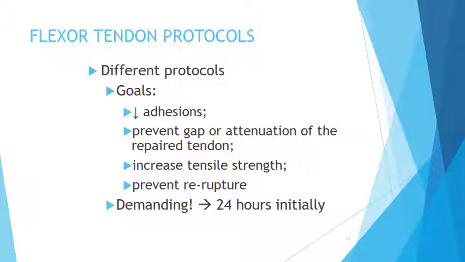That is why it is preferred to move away from immobilization, more to a passive and these days an active protocol with at least a 4-strand repair. We don't want adhesions because they limit ROM, function and quality of life.